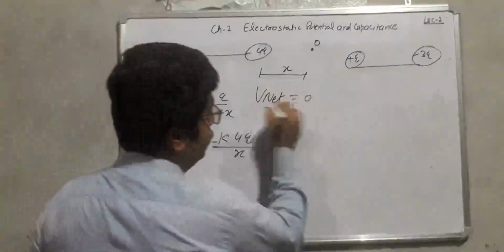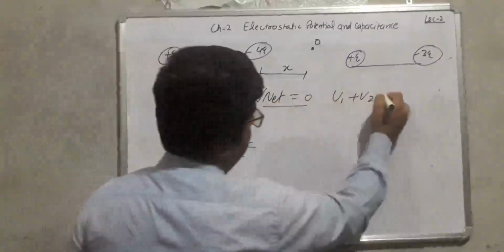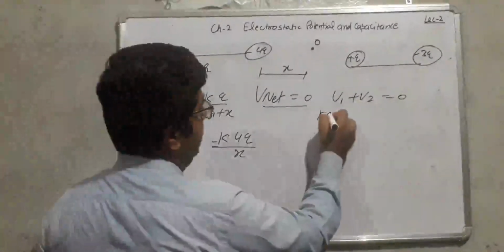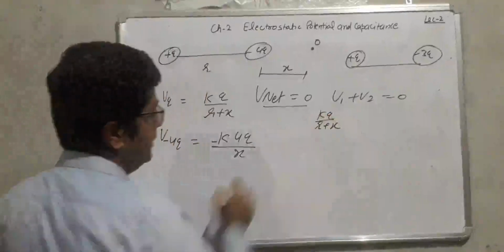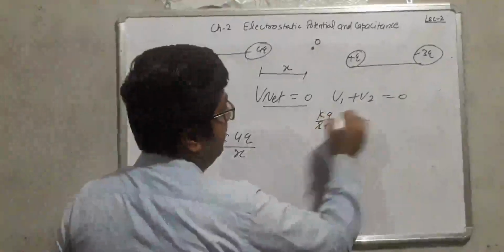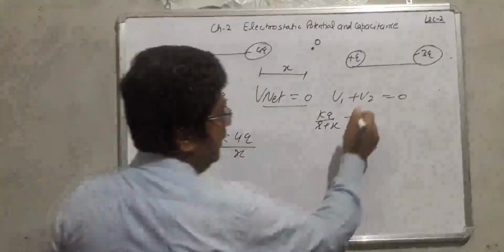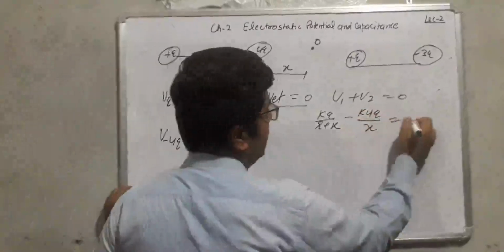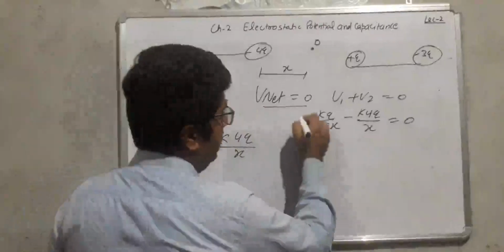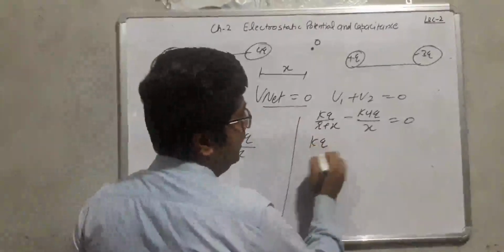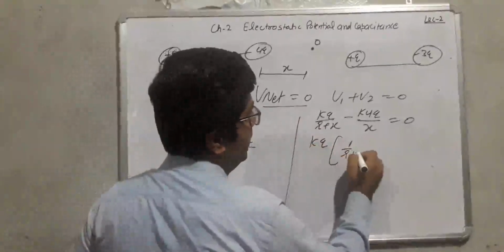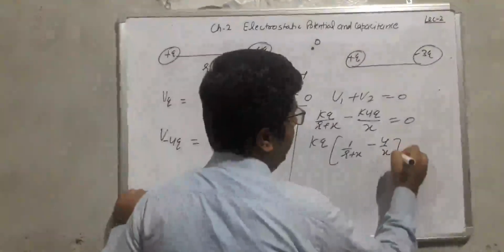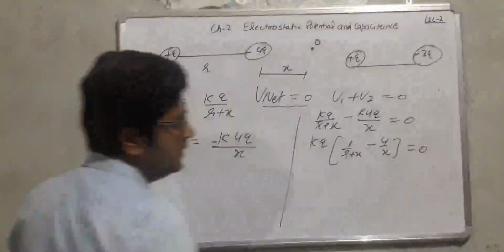Now again the same thing, net potential will be 0. V net is equal to 0, so V1 plus V2 is equal to 0. What is V1? It's kq by r plus x minus, because of this, k 4q by x is equal to 0. So it becomes kq times 1 by r plus x minus 4 by x is equal to 0.